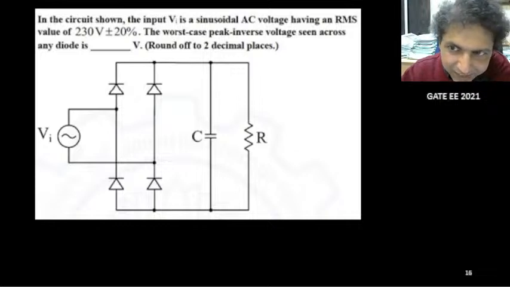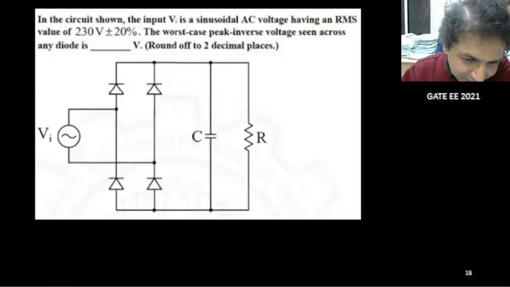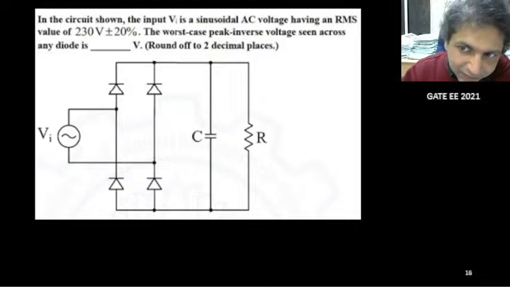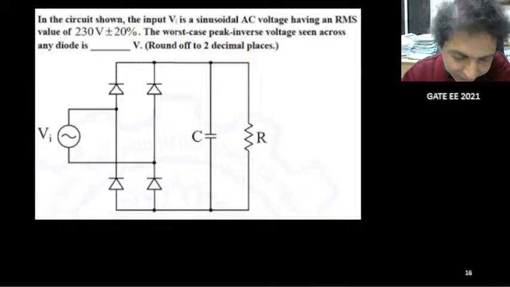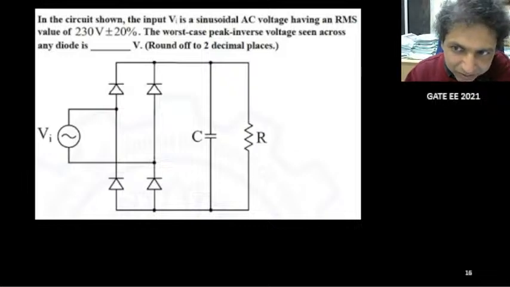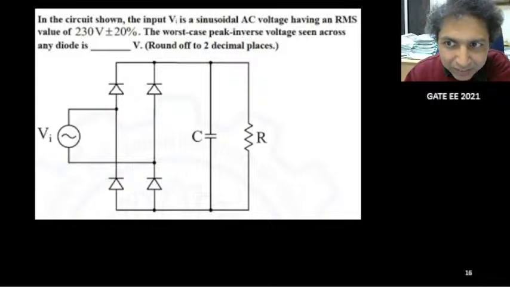Am I correct? It is a full wave bridge rectifier and the capacitor is used as a filter element. Okay, it's an RC filter to remove the pulsating component, the ripples. So the capacitor will remove the ripples a little bit and it is basically one full wave rectifier. I hope it is clear. In the positive half 2 diodes are on, in the negative half the other 2 diodes are on. That's how the total circuit will work.